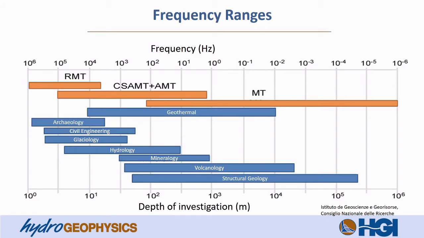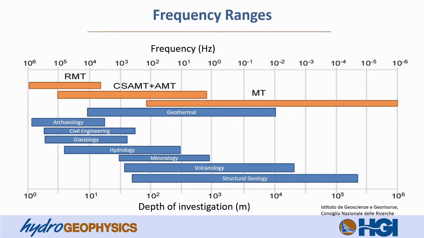The AMT survey method is useful across a diversity of industries. This image shows the frequency ranges for RMT, radio frequency AMT, CSAMT, controlled source AMT, and magnetotellurics. Beneath these method classifications, you can see various industries and the depth of investigation needed for geophysical studies to be effective.